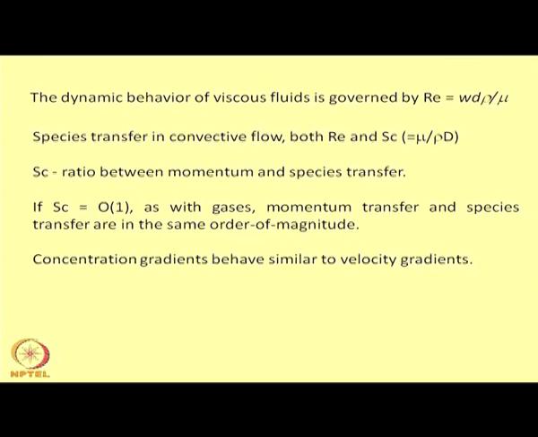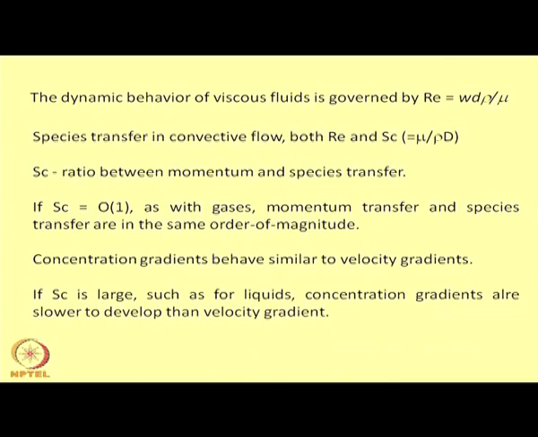Similarly, we can also see that if Schmidt number is large, that means the value of the diffusion coefficient, which is in the denominator, would be small, and then it will take a longer path for the concentration profile to become fully developed.